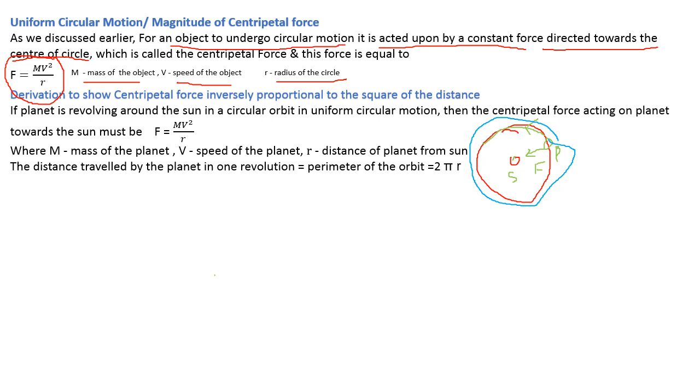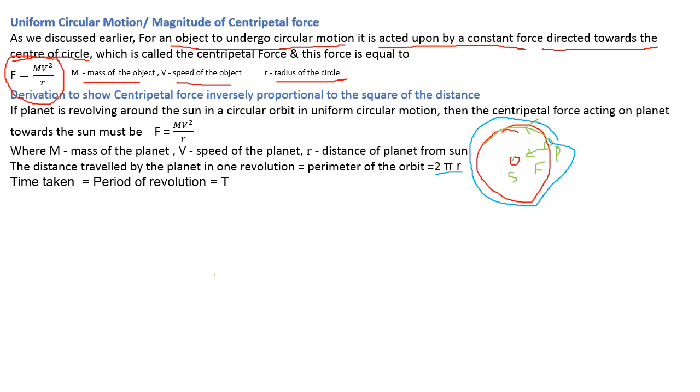And as you know, the circumference of a circle, its perimeter, equals 2 pi r. Therefore the perimeter of the orbit is 2 pi r, meaning when a planet completes one revolution around the sun, the distance covered is 2 pi r. Is it clear?